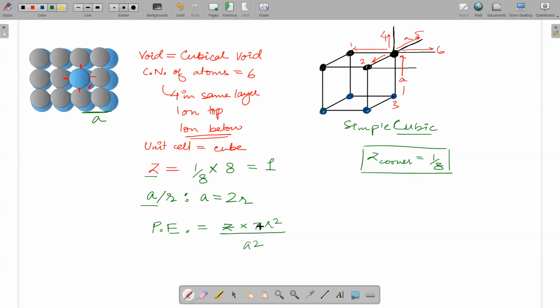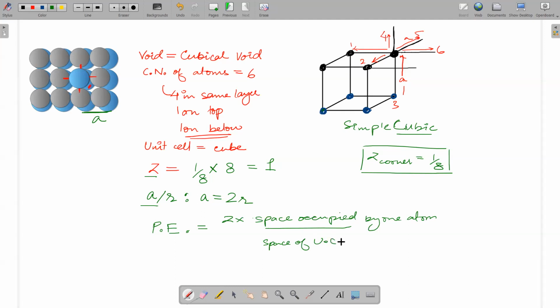So this will not be pi r square now. You have to have Z into the space occupied by one atom upon the space of the unit cell.